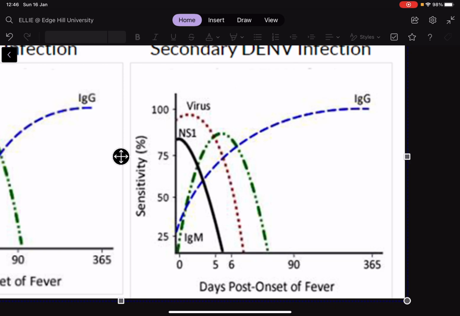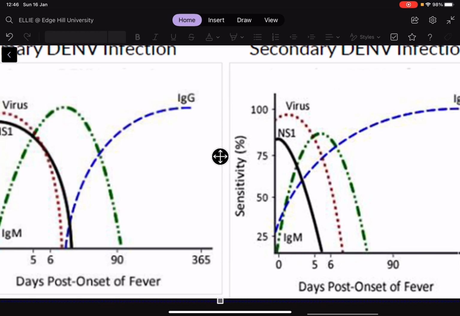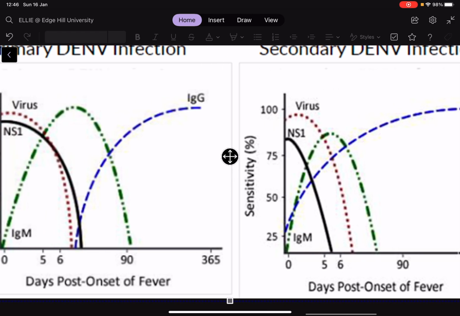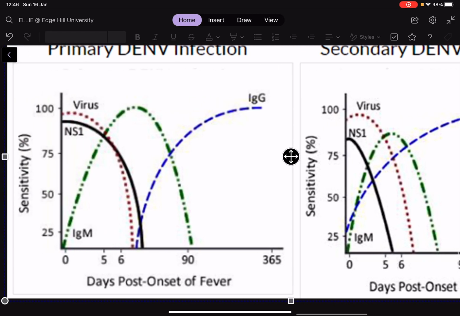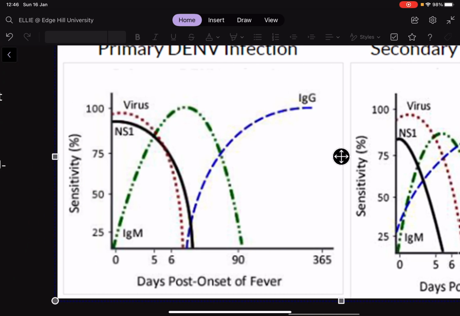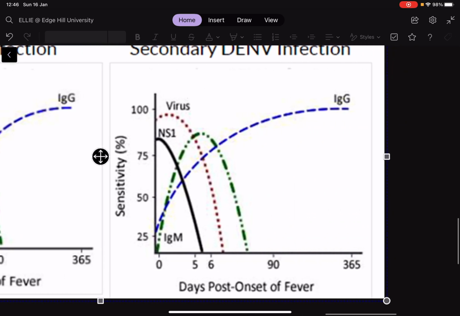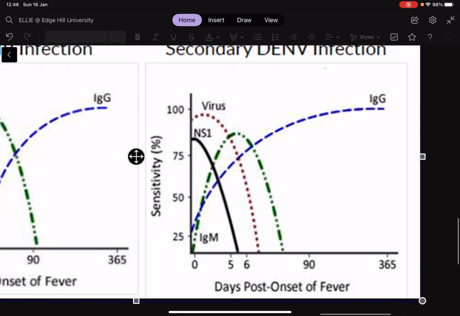Obviously, if you do an IgG test in someone who's never been infected before and they're at day 5, they're going to show no IgG. But if you do it in a person who's had a secondary infection at day 5, then it will show IgG.